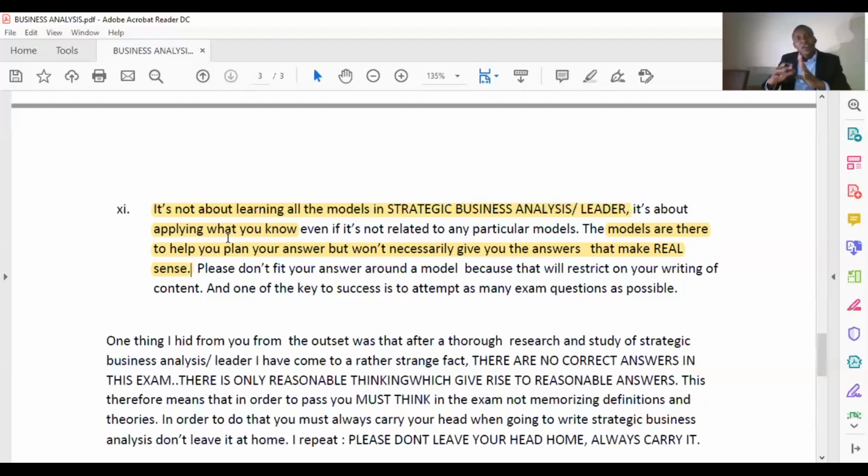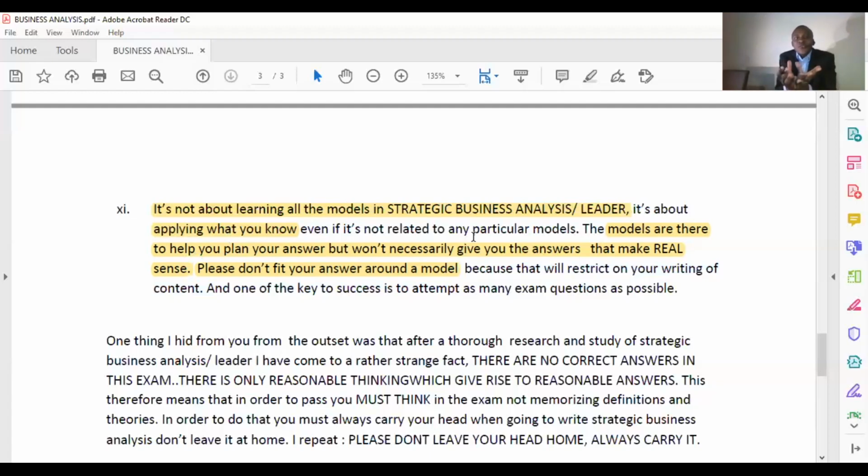So please, one thing I noticed is that most students love so much fitting their answers in a model. Please, do not fit your answer around a model, because that will restrict your writing of content.